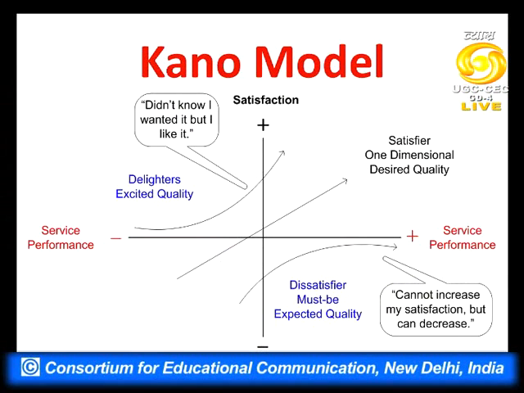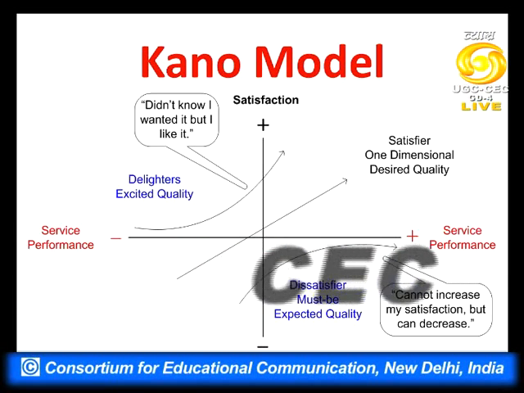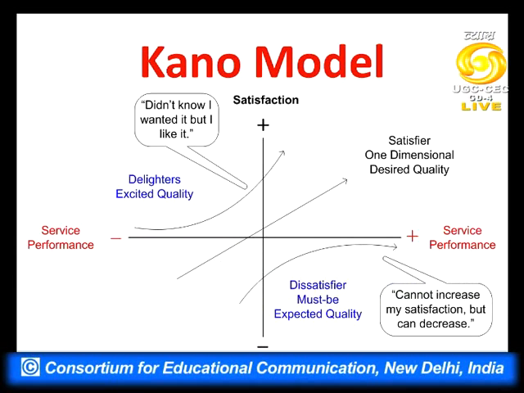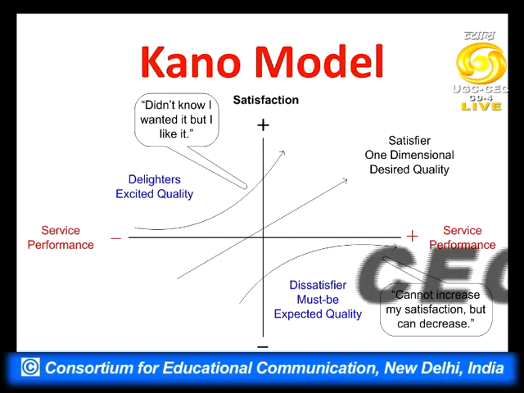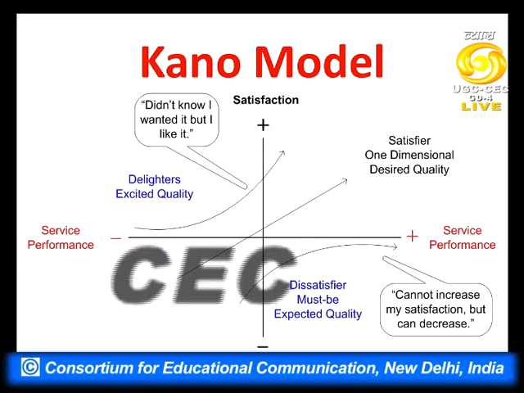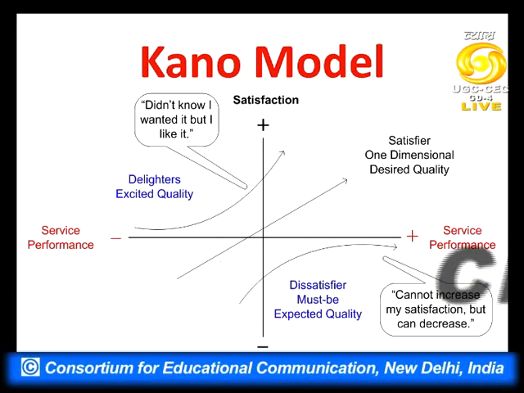Bad is on the left hand side, good is on the right hand side, and customer satisfaction is on the y axis. Up, positive values mean satisfaction and negative values dissatisfaction. If we concentrate on the first quadrant, where service level is positive and the satisfaction level is positive, we call them satisfier, one dimensional desired quality.